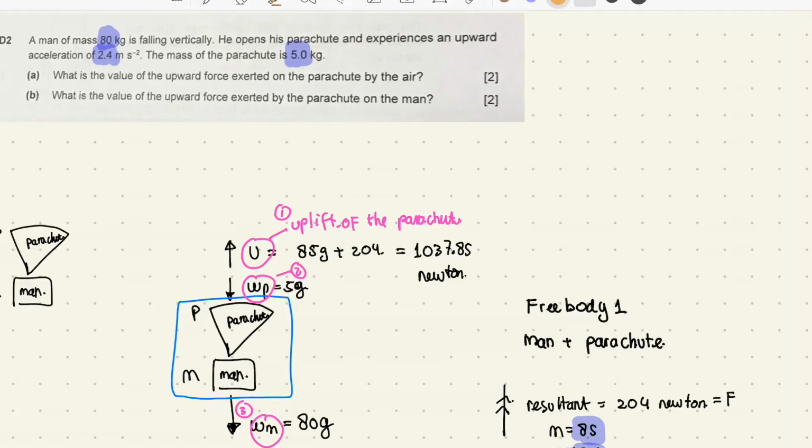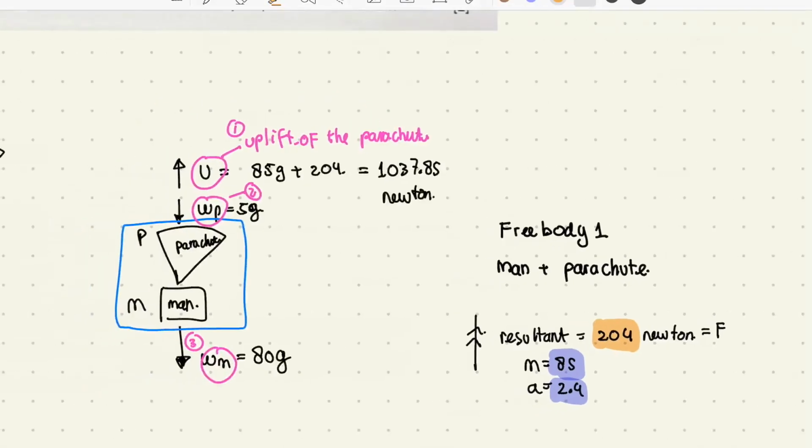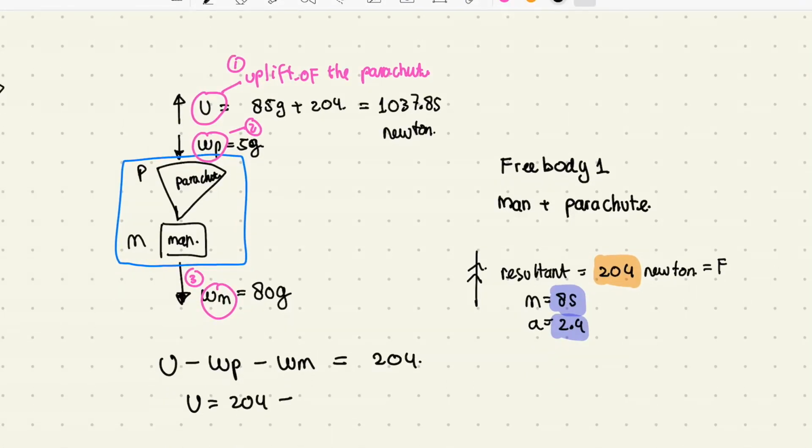Then from there we calculate F equals ma, right? 85 times 2.4, I get 204. So what is your conclusion? U minus Wp minus Wm is equal to 204, because this whole thing is the resultant. So U is equal to 204 plus Wp plus Wm.